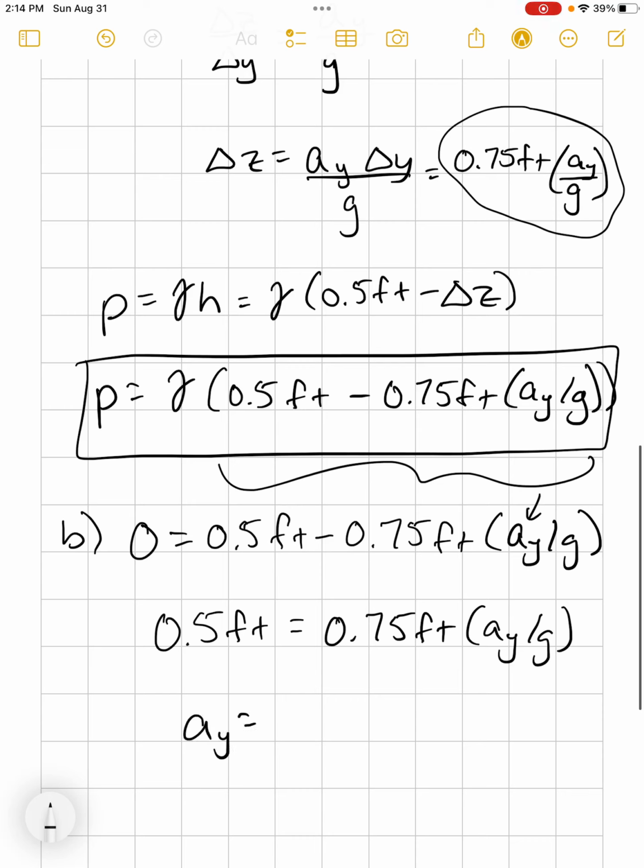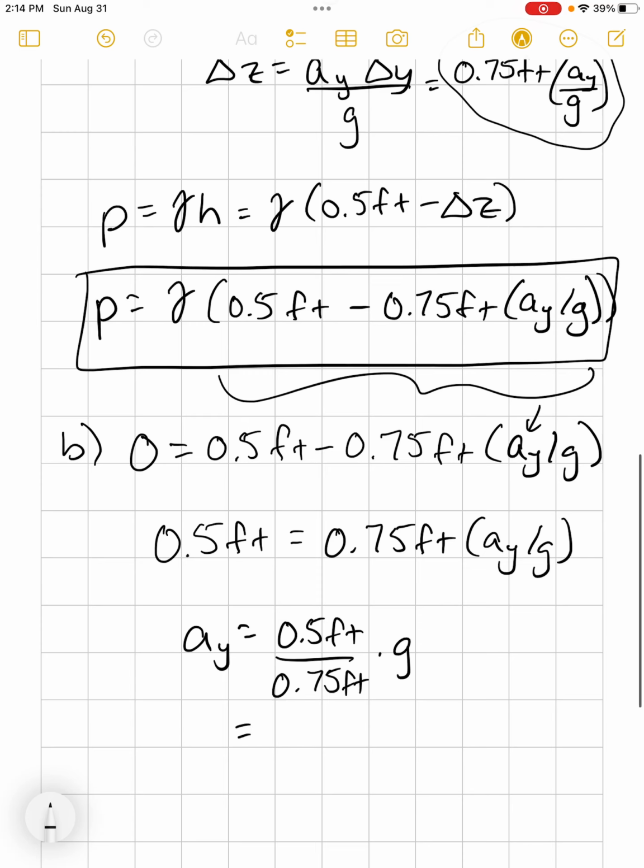I'm going to solve for ay. So ay is equal to 0.5 feet over 0.75 feet, and then we're going to multiply that times g, right?